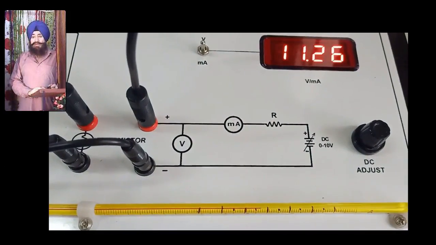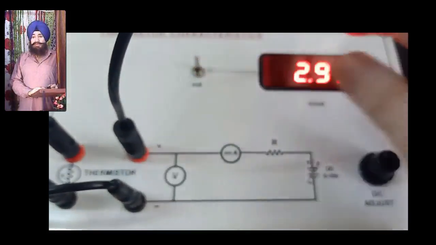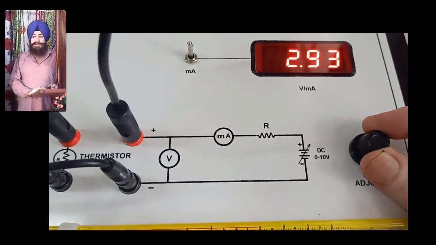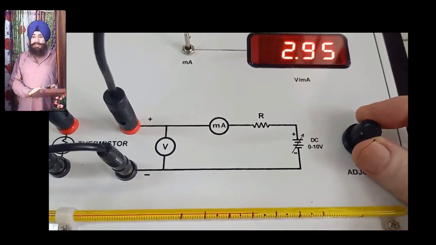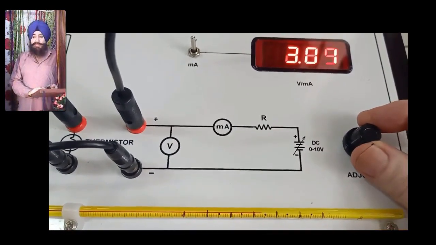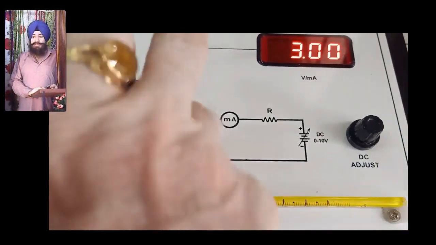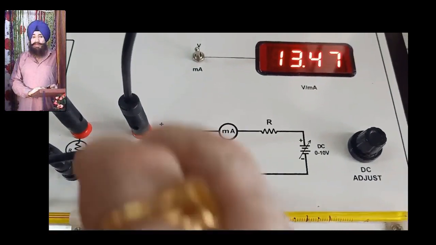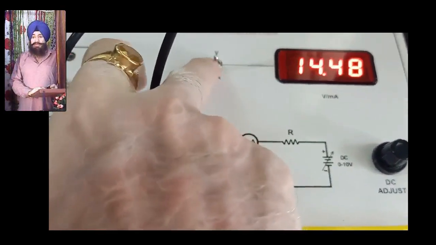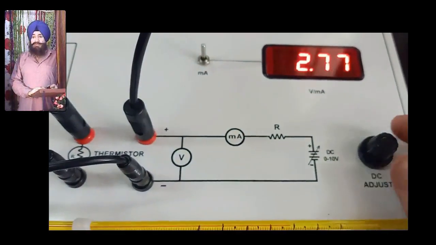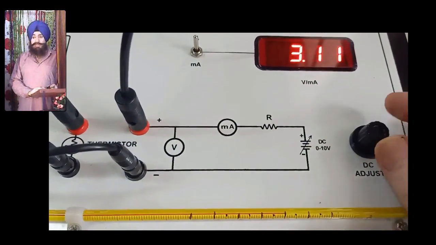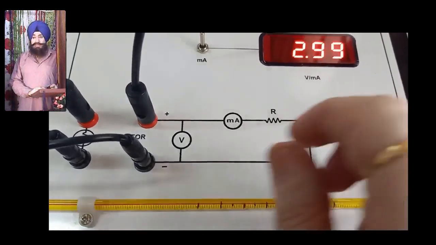So this is a little bit difficult, but it will then be the accurate experiment. You can pause the video and note down the current and temperature when I am fixing the voltage constant, which is 3 volt.